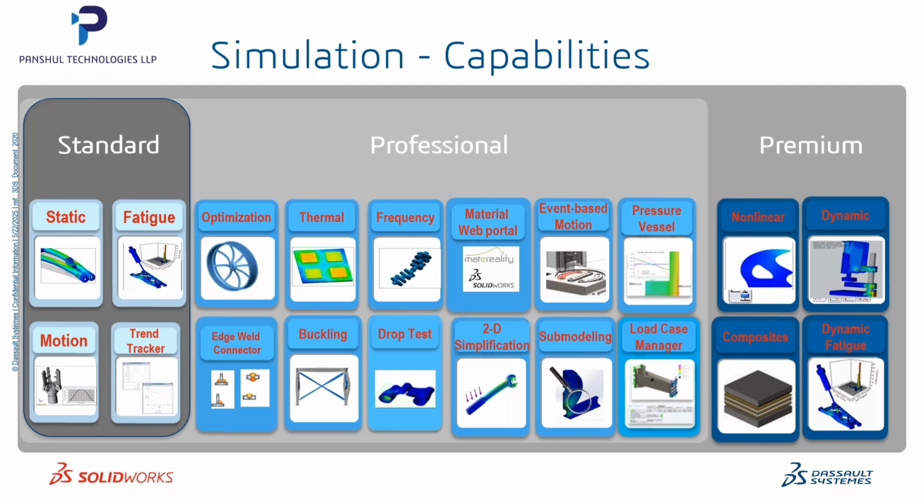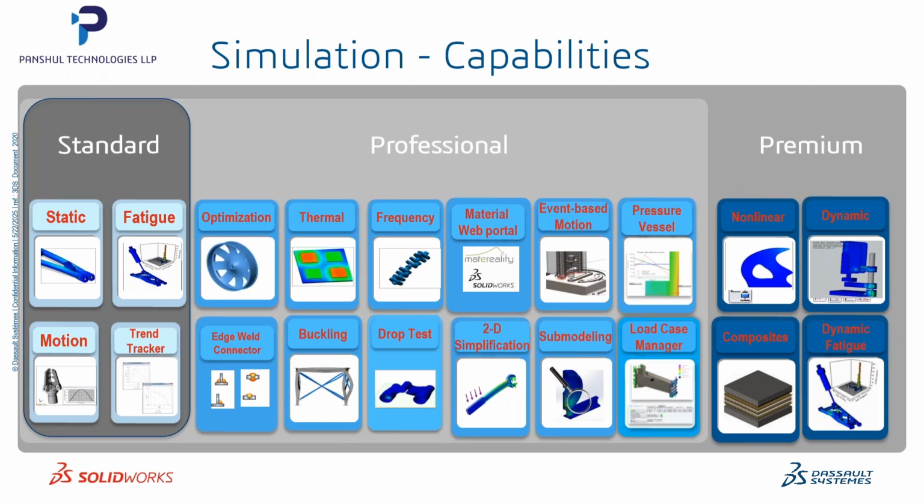Then event-based motion analysis, pressure vessel simulation, edge weld connectors, buckling, and drop test analysis, like anything that falls while lifting your machine. In the worst case, it gets unhooked from the lifter, then how it will impact, you can test it. And then 2D simplification for symmetric models, submodeling, and then Load Case Manager.